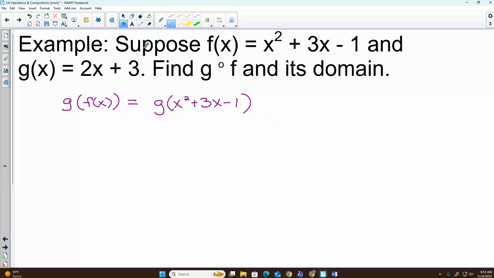On our compositions, we start on the inside. And then we take that and we plug it into g. So g is 2 times whatever we plug in plus 3. And I'm putting in my x squared plus 3x minus 1.